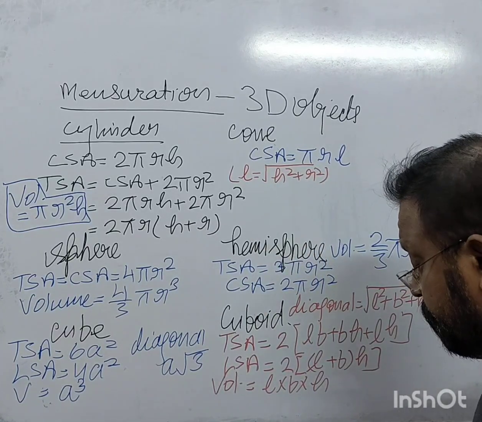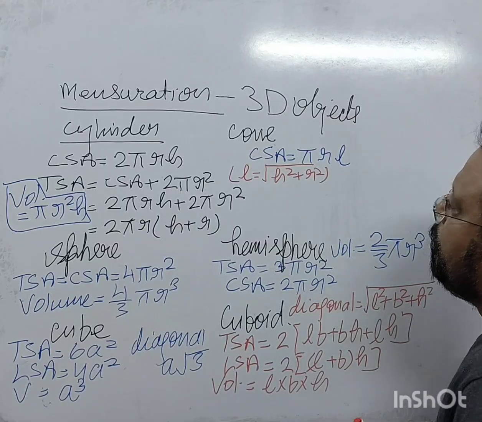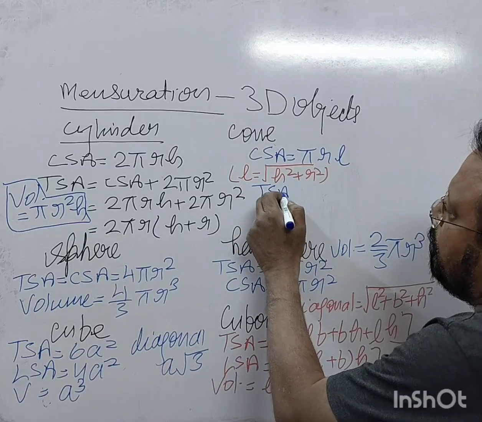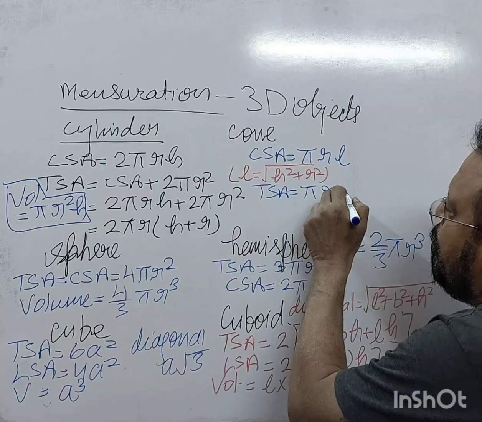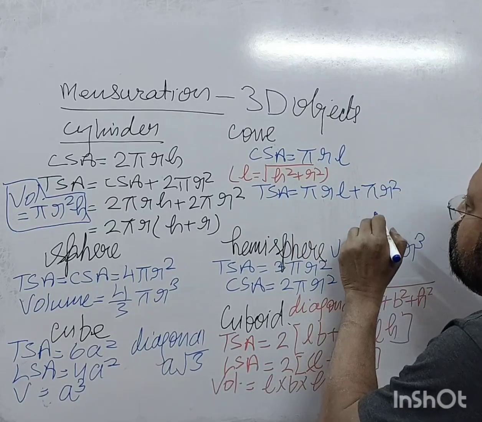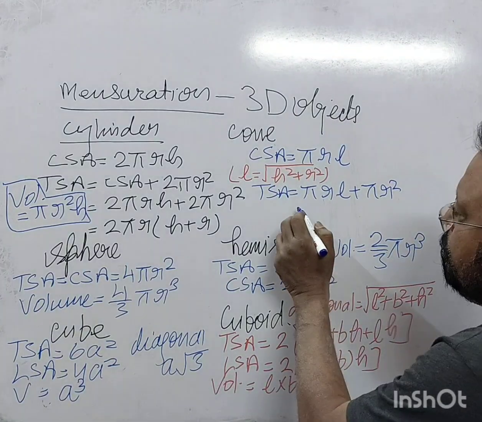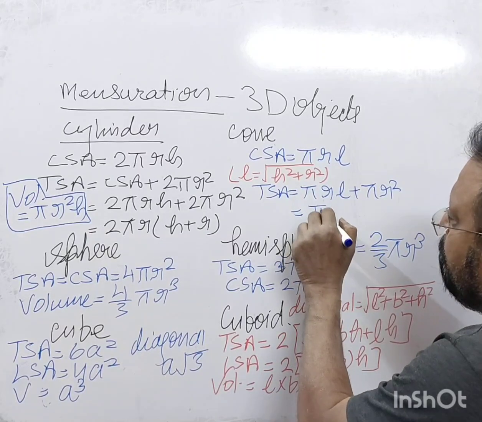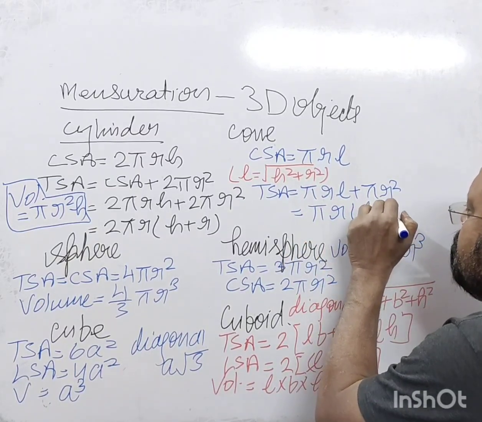And TSA is equal to pi rl plus pi r square, so this is pi r bracket l plus r.